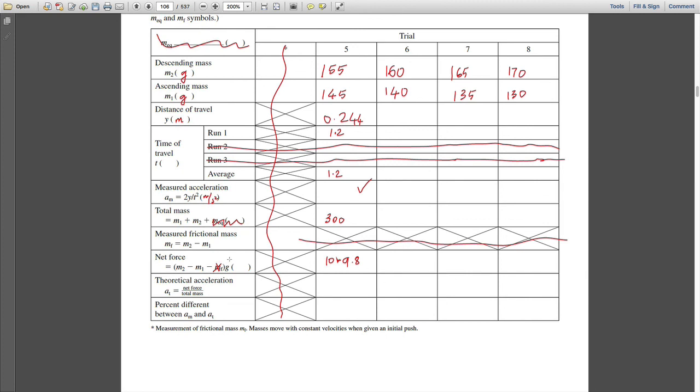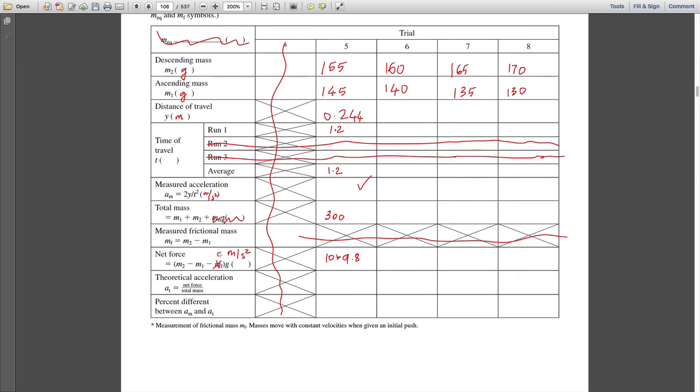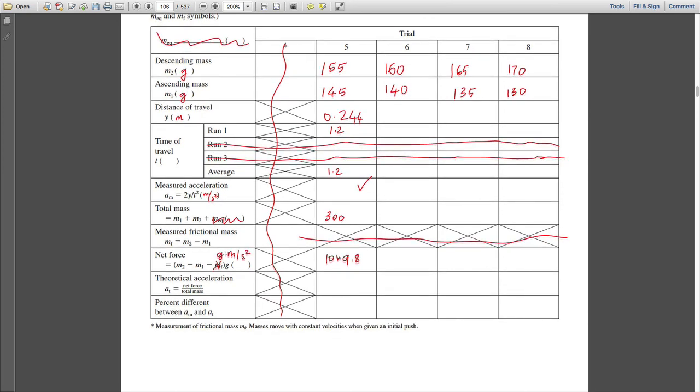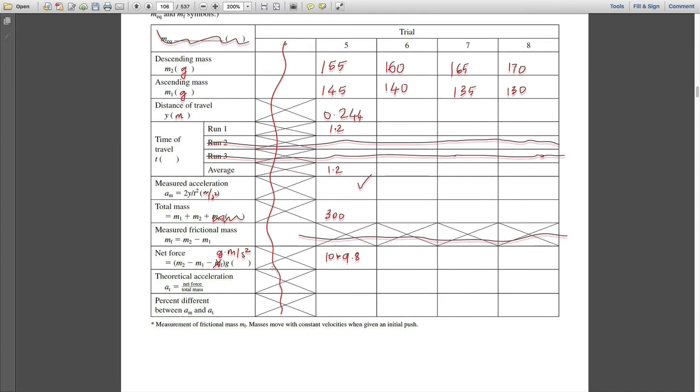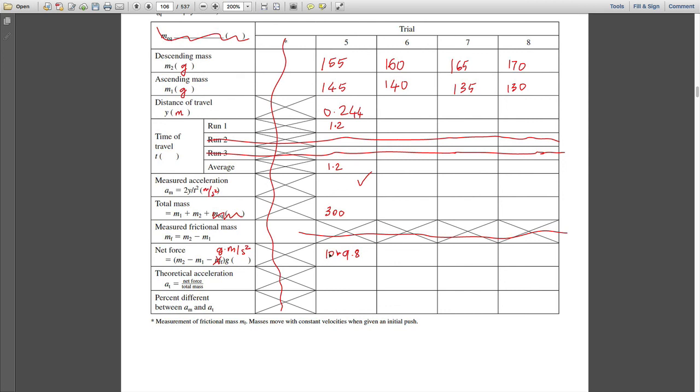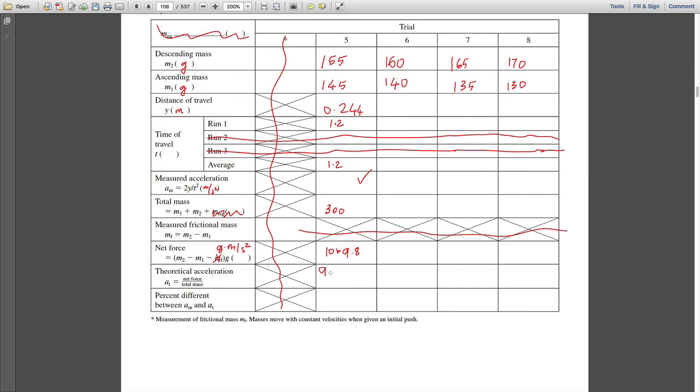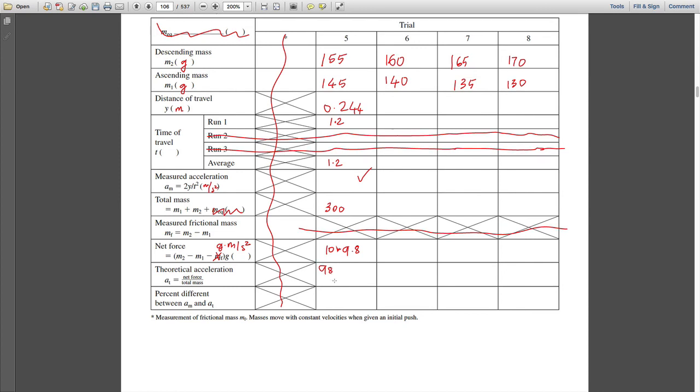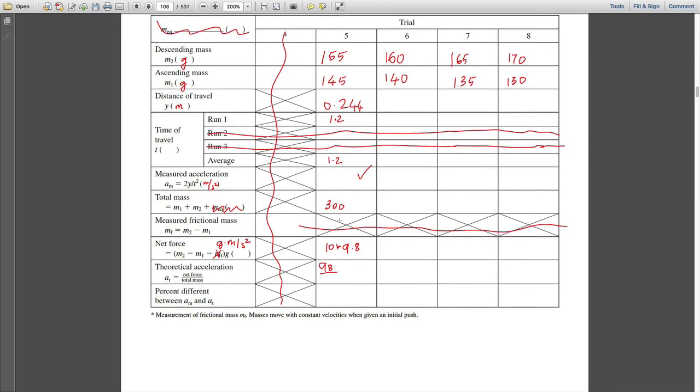The unit for now is going to be in parentheses. Over here you have to put meter per second squared, but of course gram, it's not kilogram. Kilogram meter per second squared has a special name known as Newton, right? So this will be 10 times 9.8, which is 98. Divide that by 300.